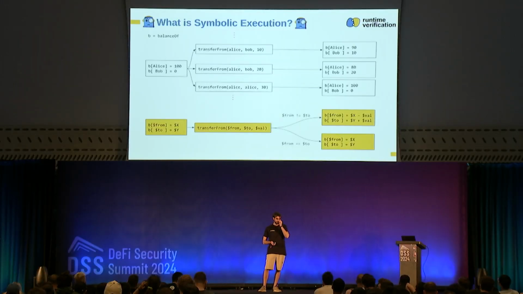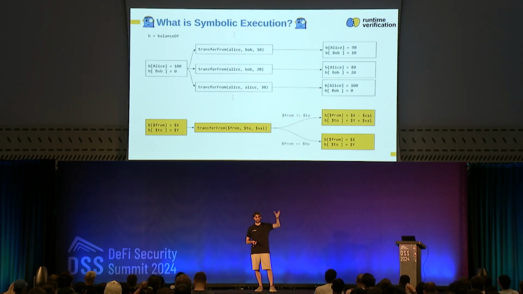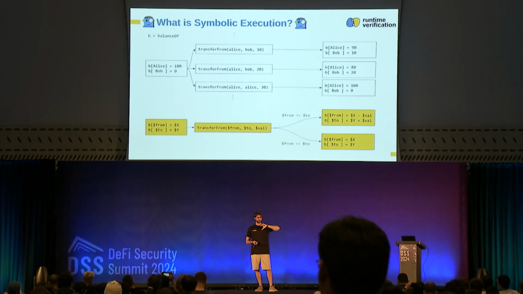So what is symbolic execution in this case, right? As we said, for concrete execution, you start with concrete values, then you execute, and you always get a concrete result. Whereas with symbolic execution, you can think of it as executing as if they were variables from a math equation, right?